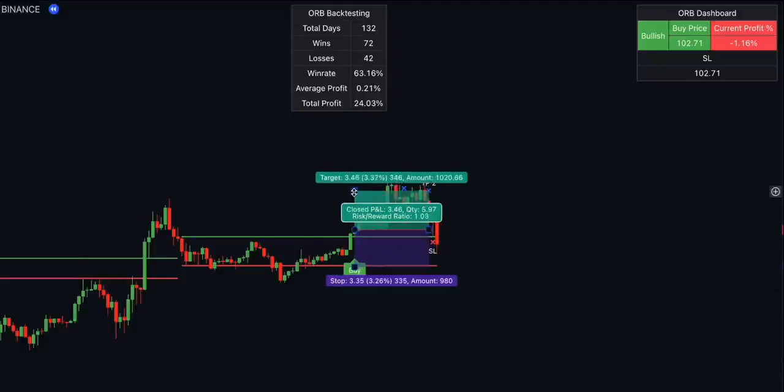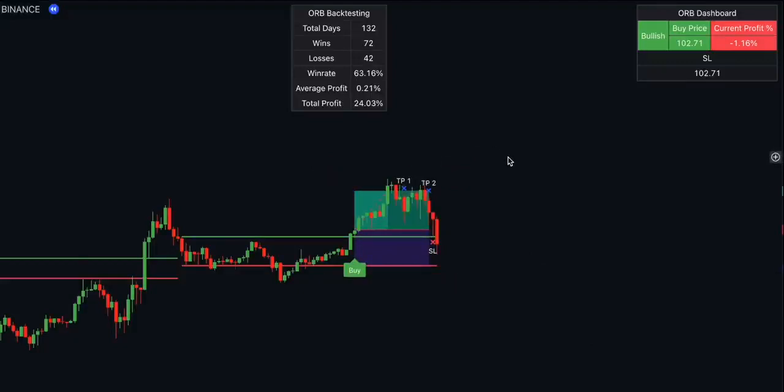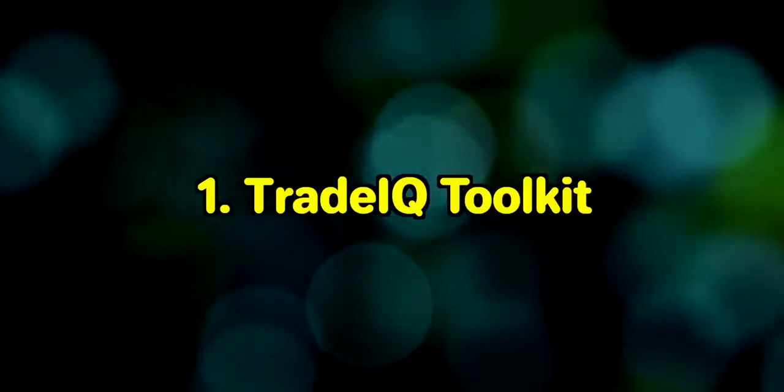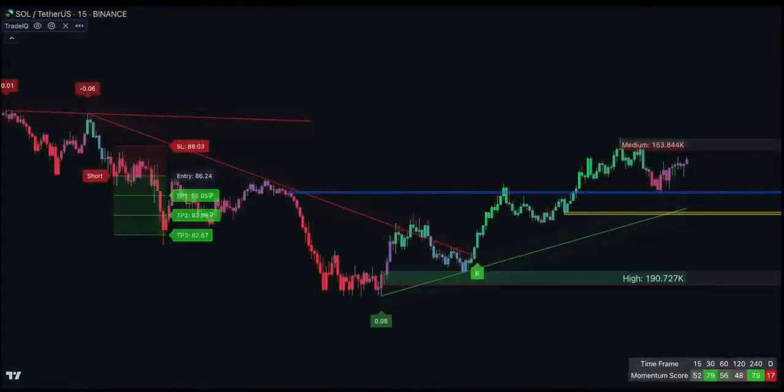Rounding off our exploration of the top TradingView indicators for 2024, we arrive at a true standout, my personal TradeIQ Toolkit indicator. This all-in-one tool rises above the others we've discussed, not just in terms of functionality, but also in its approach to modern trading needs.